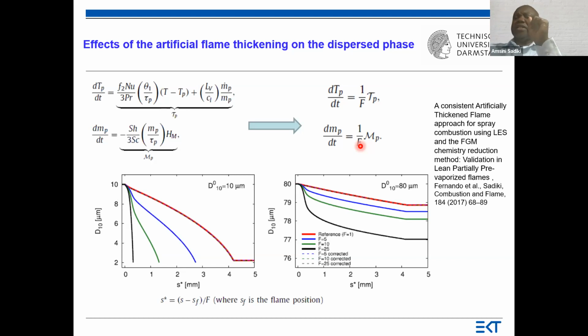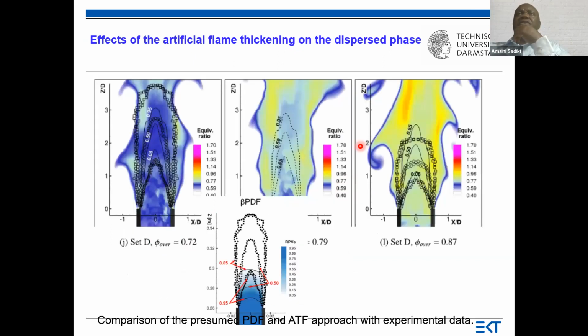But this result, I think, is the realistic one if we account for the inhomogeneities and also different orientation of droplets. For single droplets, we may have a difference, but not for the spray itself.